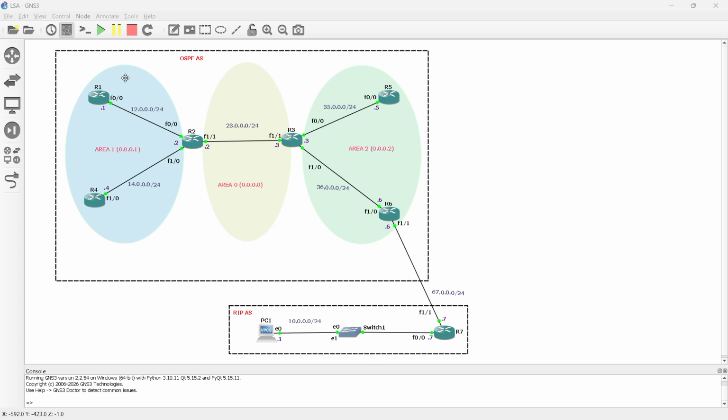Instead of that, it had type 3 network LSAs giving us the information. And along with that, for the external networks, it was giving us a special type of address, which was the default route, right?